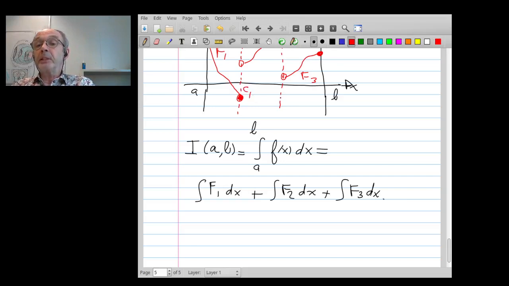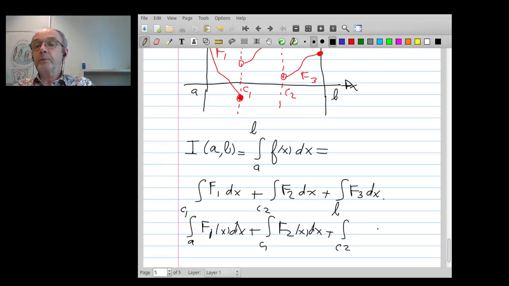You can make C1 and C2, and if you really want to write it in a very nice way, you get the integral from a to C1 of f1(x) dx plus the integral from C1 to C2 of f2(x) dx, and the integral from C2 to b of f3(x) dx. So this is written in a nicer form.